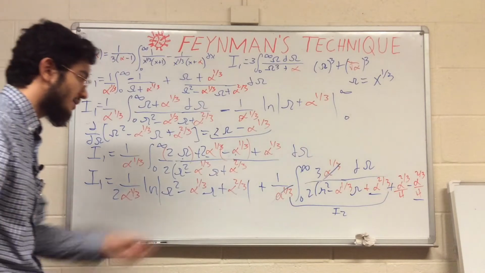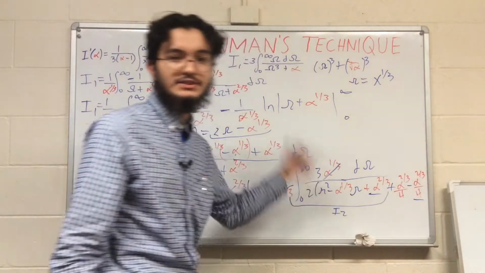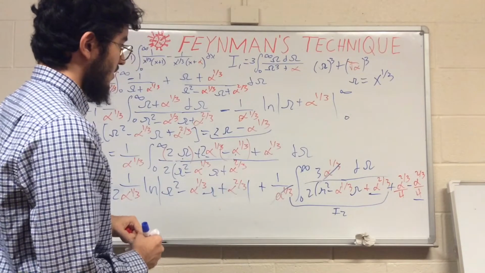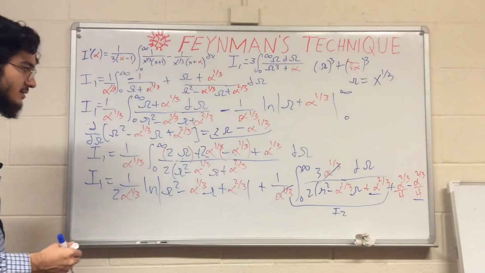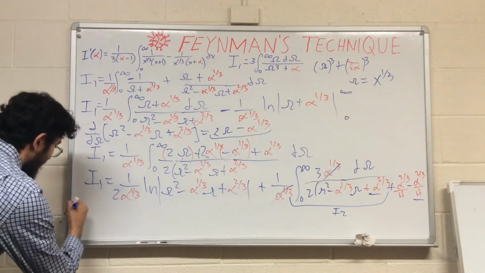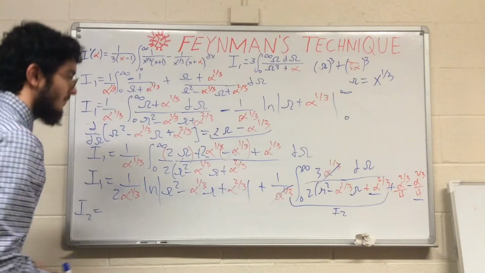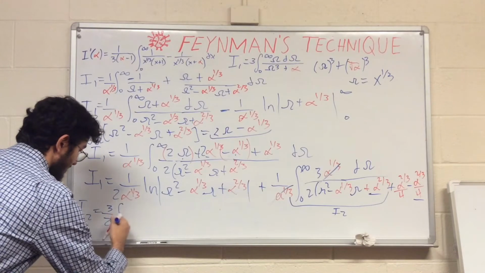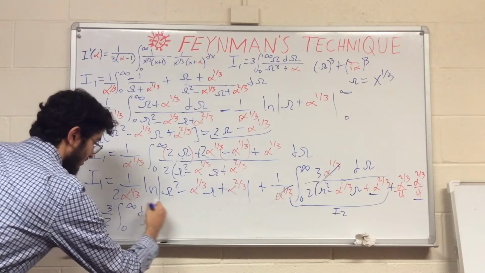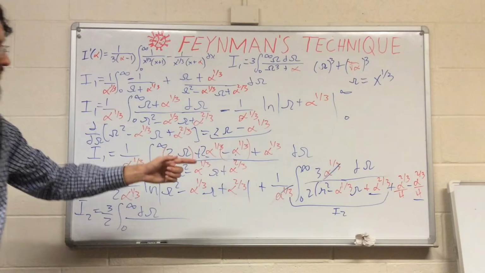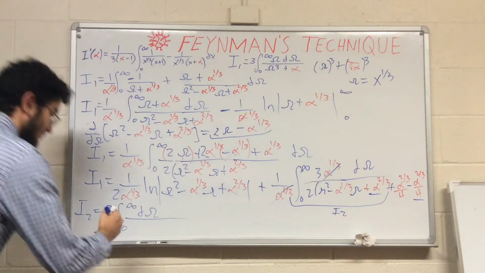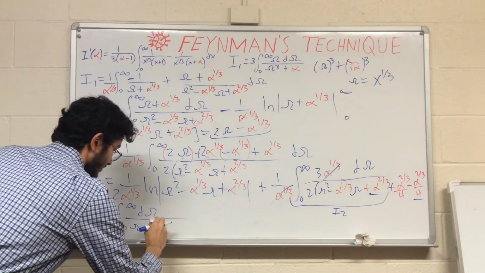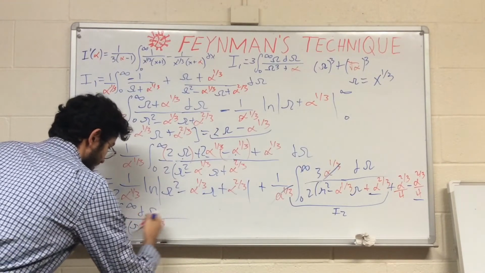Now, once we get that, we take the 3/2 out of the integral to make things easier and more visualized. Let me just do the whole thing. So I2 is equal to 3/2 times the integral from 0 to infinity of d omega divided by omega minus alpha to the 1/3 divided by 2, all of this squared.